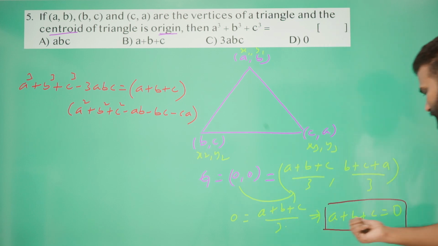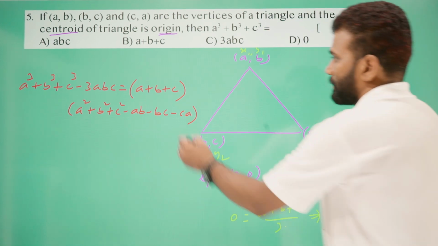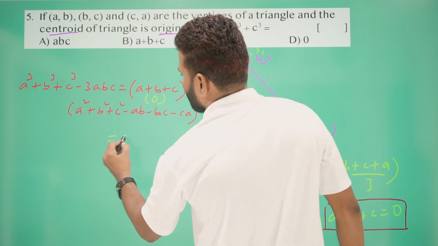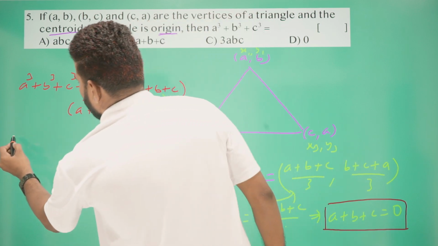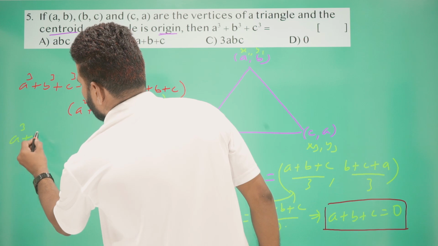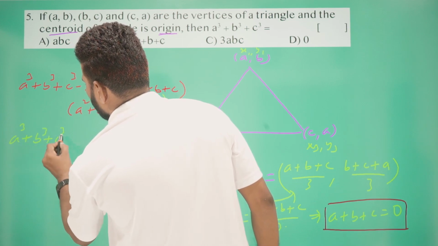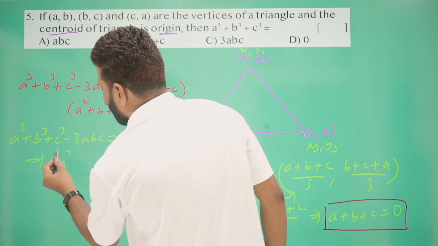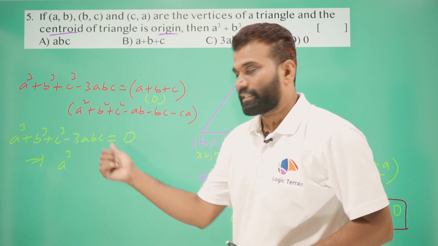Since a + b + c is equal to 0, if you substitute 0 in this place, 0 into this whole thing is 0, then we have a³ + b³ + c³ − 3abc is equal to 0. Further, we need a³ + b³ + c³ only.